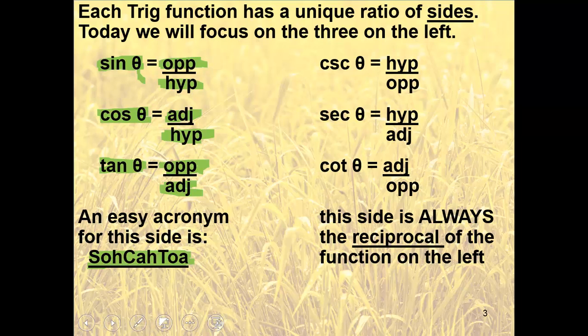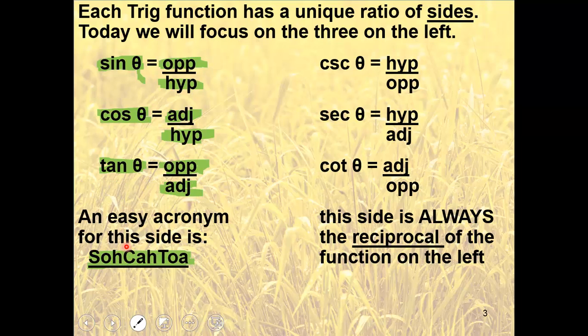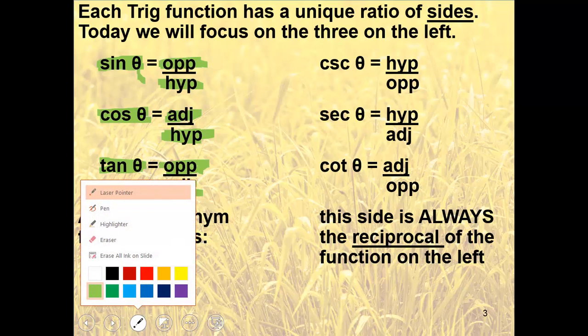Cosine is the adjacent over the hypotenuse, and the tangent is the opposite over the adjacent. The S, the C, and the T are the functions, and the other, littler letters are the sides. Sometimes, when I was younger, learning to do this, I would write it a little bit differently.